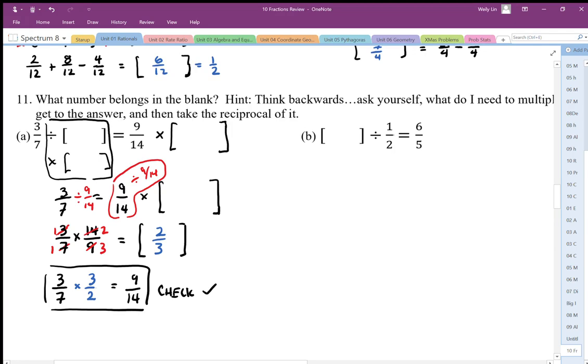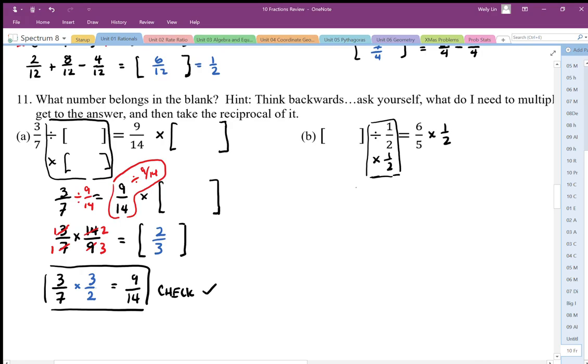For this one here, this one's a little bit easier because I don't need to mess around with something I don't know. I can just get rid of this divide 1/2 with a times 1/2 on both sides. Again, this divide 1/2 and times 1/2, these undo each other.